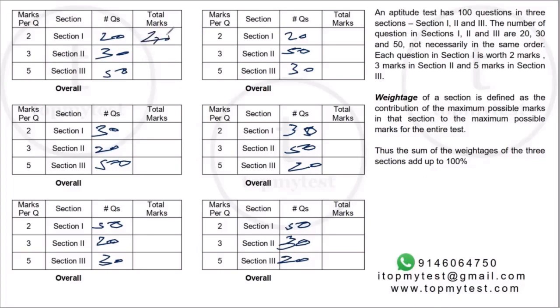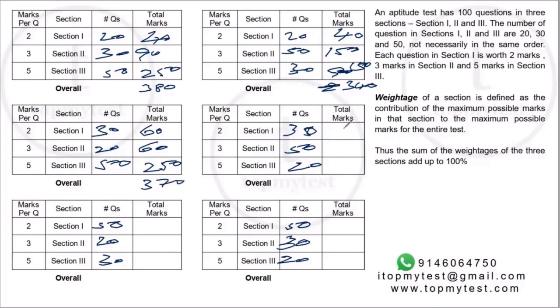So 40, 90, 250. This adds up to 380. This will be 40, 150, 150. Sorry, this is 150. This is also 150. So that's 340. This will be 60, 60, 250. That's 370.